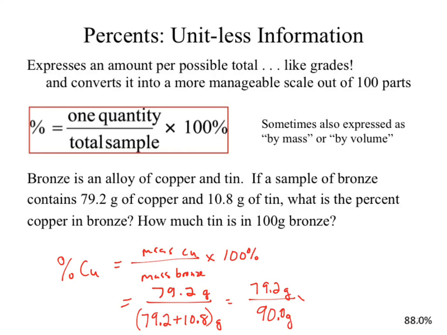Punch it into the calculator, multiply by 100, and we get a magic number of, say 88. Yep, that makes sense. The answer is 88.0% copper in bronze. So we've got it set in within that question. If we want to know how much tin is in 100 grams of bronze, what do we have to do now?